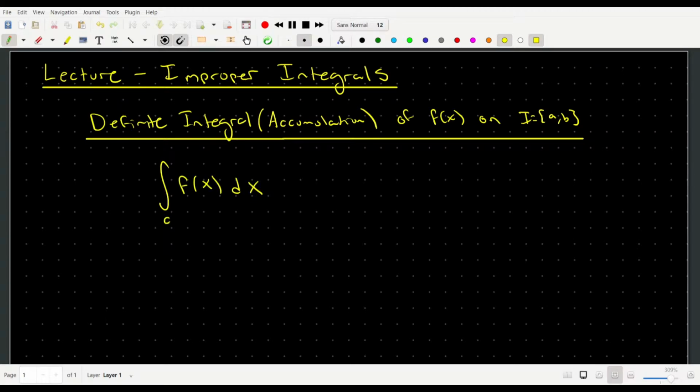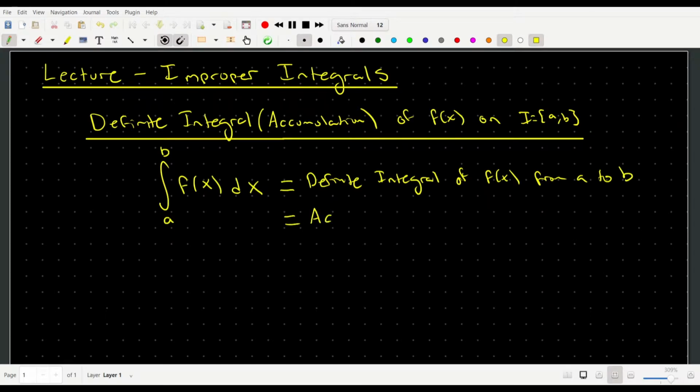Then we have an A right here and a B right here, and this stands for the definite integral of the function f of x, which we sometimes call the integrand, over the interval from A to B.